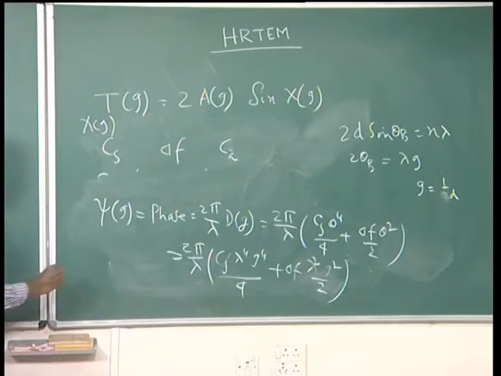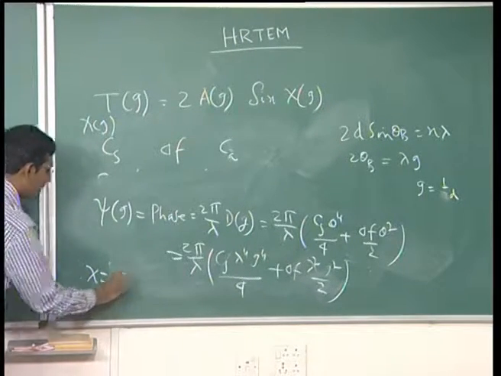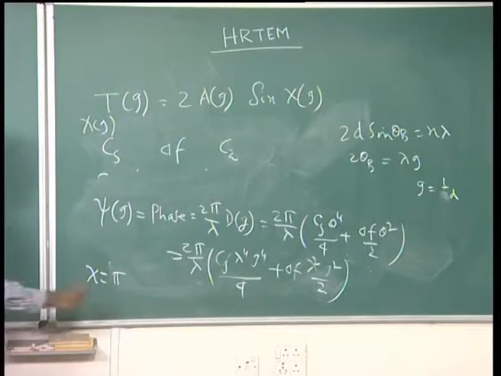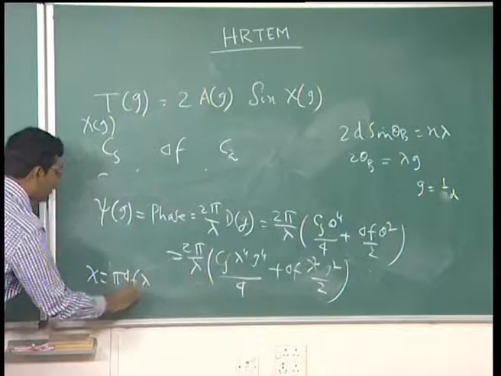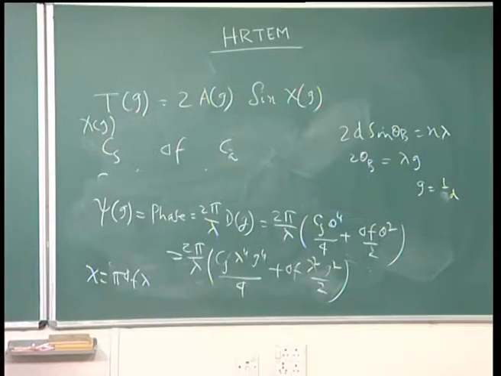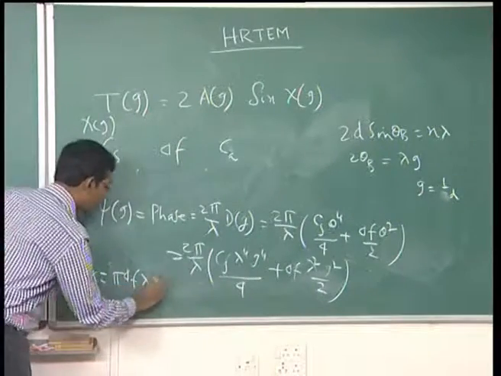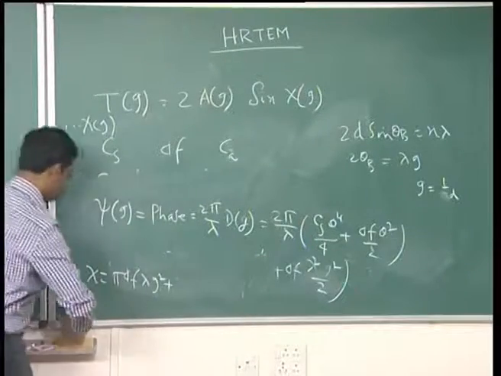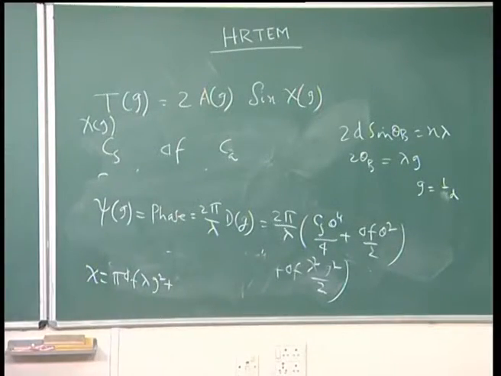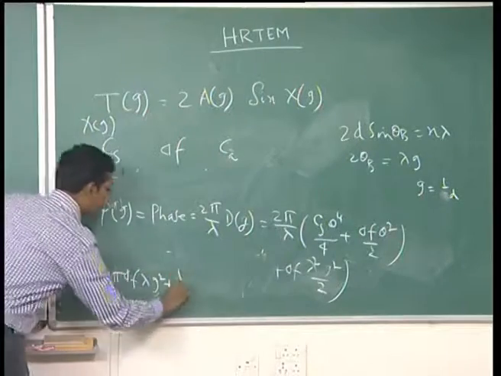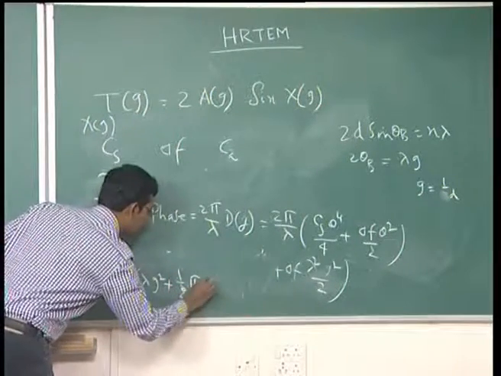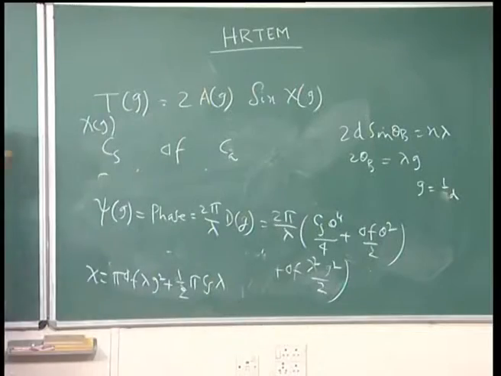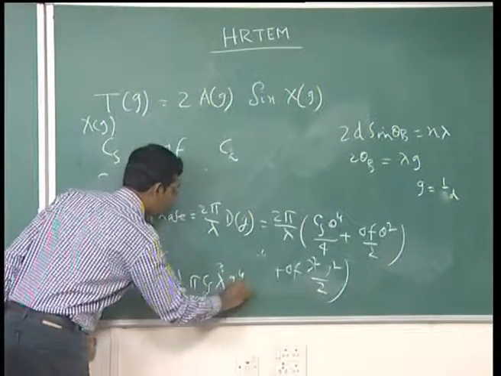Therefore, this psi is basically a function of g, and psi can be written as pi delta f lambda g square plus half pi Cs lambda to the power 3 and g to the power 4.